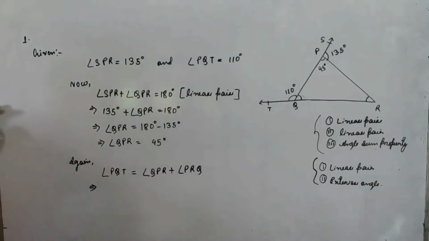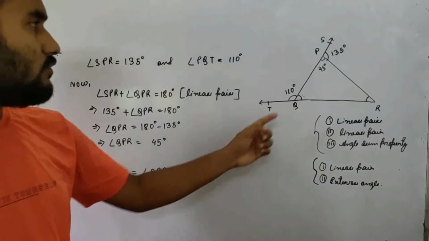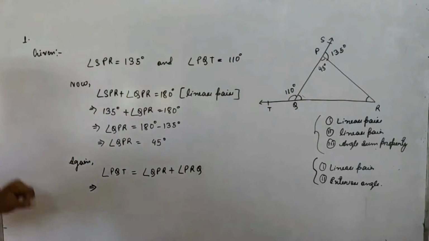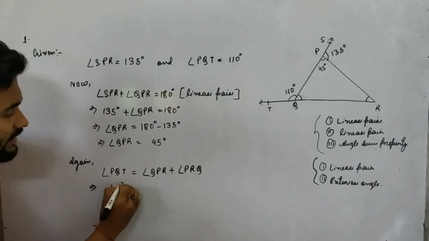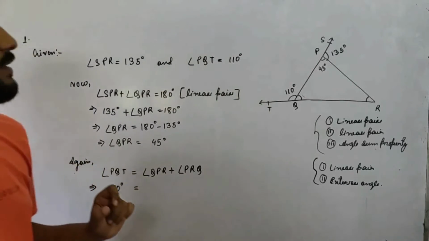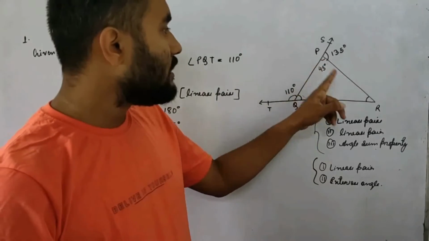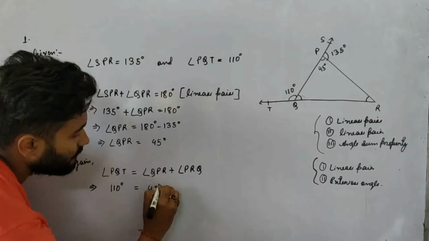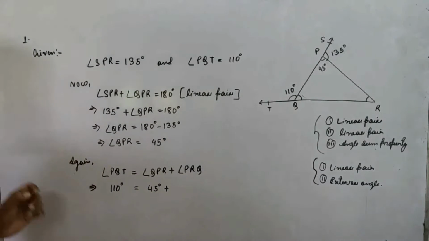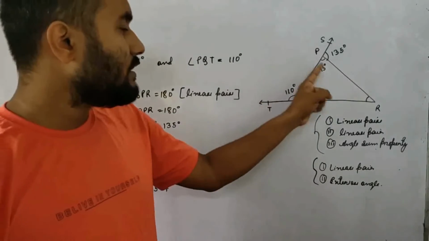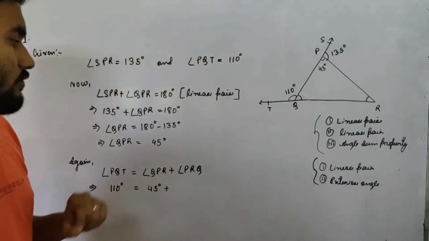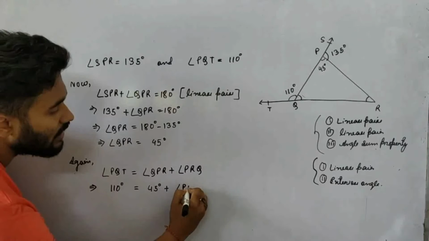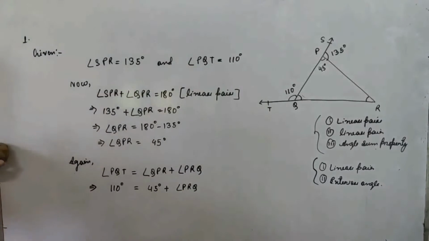So what is the value of PQT? PQT is given as 110 degrees, which is equal to angle QPR. What is angle QPR? It is 45 degrees. So this is 45 degrees plus angle PRQ. PRQ, this we have to find, isn't it? Keep on solving.